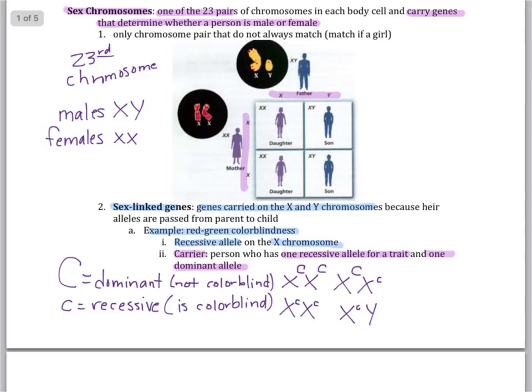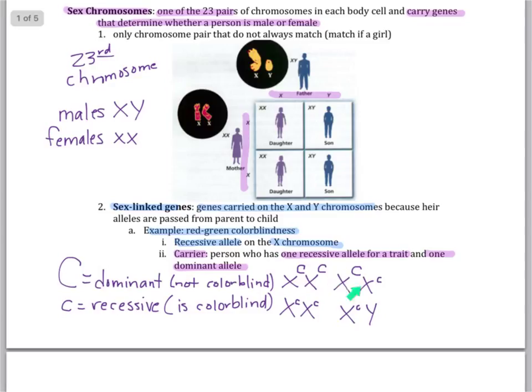A carrier, a female can be a carrier, is a person who has one recessive allele for a trait and one dominant allele. So, for example, if we were to think about color blindness and have capital C be the dominant, meaning that the person does not have color blindness, and lowercase c be the recessive, meaning that the person is colorblind, you would see here in females, they can be homozygous for the dominant trait, but in order to have color blindness, they actually have to be homozygous recessive.